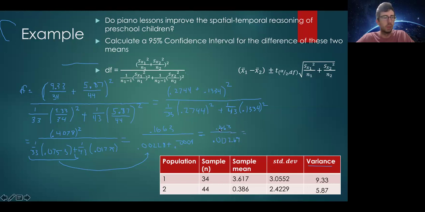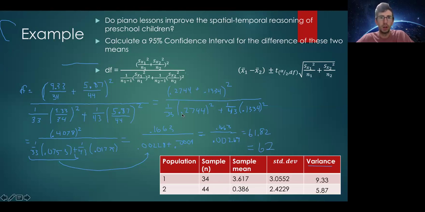So now we'll divide the 0.1663 by our 0.00269, and I get 61.82. And so we'll round this up to 62. We'll use 62 degrees of freedom for this problem.